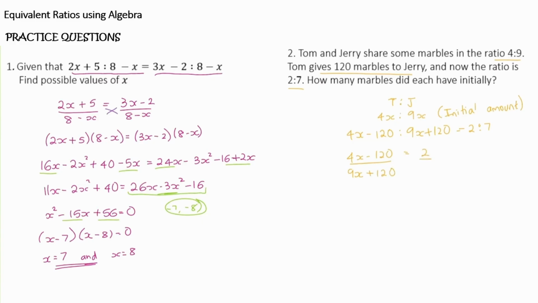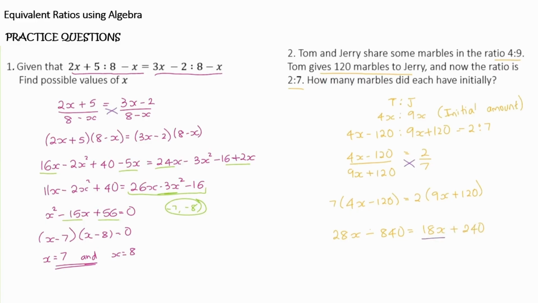If we then cross multiply this to make it linear, we will have 7 times (4x minus 120) is equal to 2 times (9x plus 120). If we expand the brackets, we will have 28x minus 840 is equal to 18x plus 240.